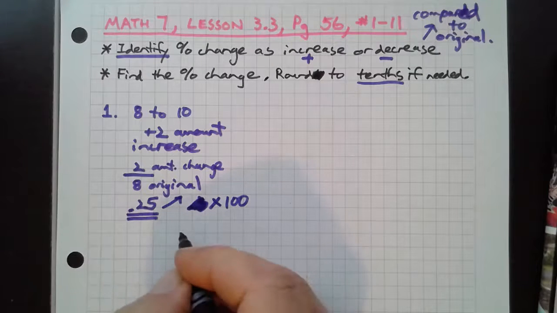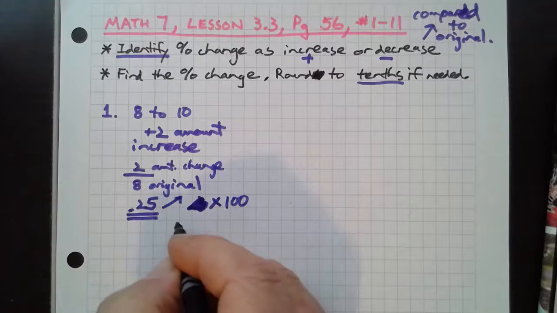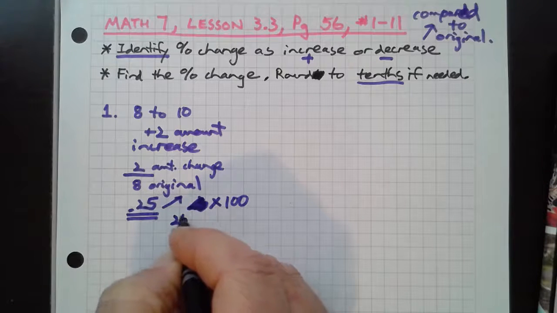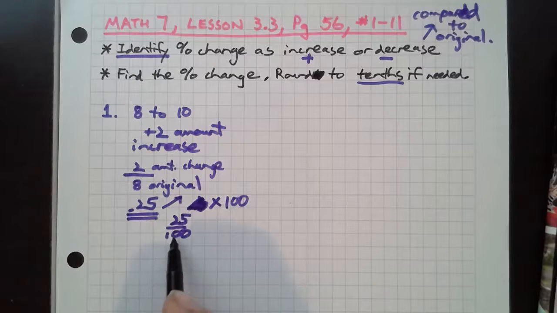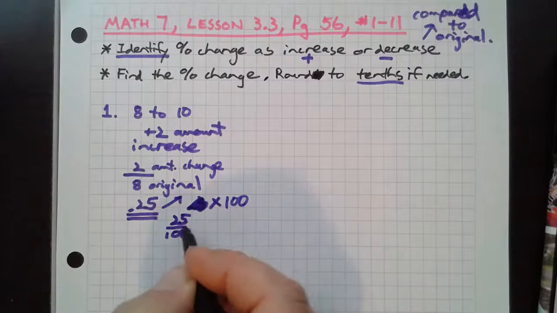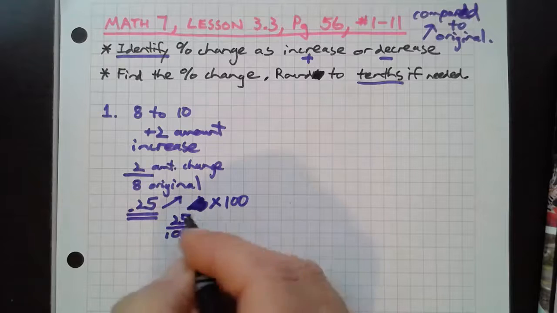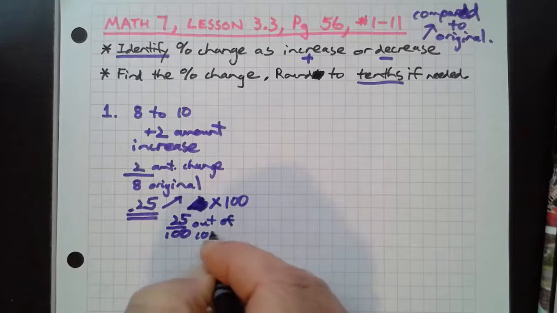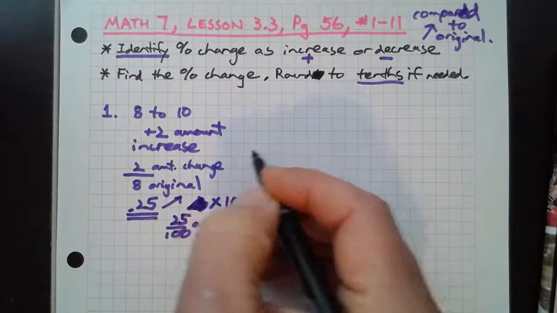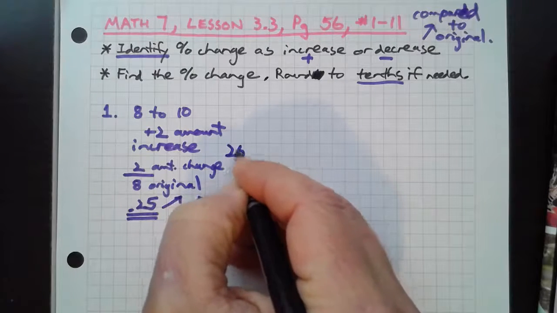If you say it right, here we go, together. 1, 2, 3, 25 100ths. If you say it correctly, then you're actually writing it as a percent because it's 25 out of 100. So therefore it's what percent? 25%.